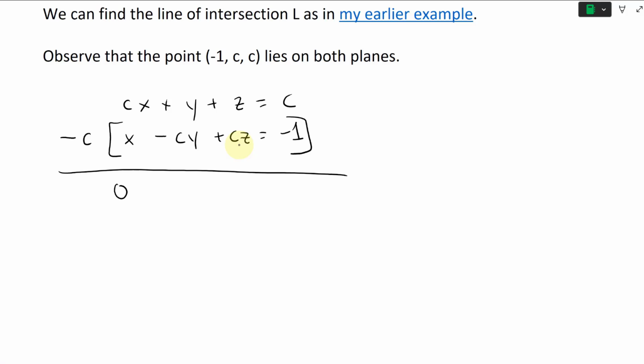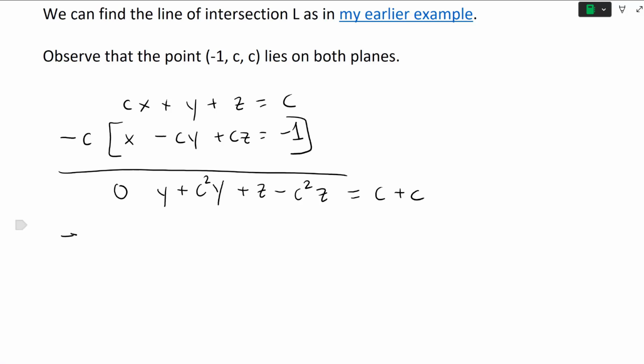Then y minus C times (-Cy), the negative becomes positive, so plus C squared y. The next one is z minus C squared z, and the right side is C minus (-C), so C plus C. My mistake there, it's C squared z, not z squared.